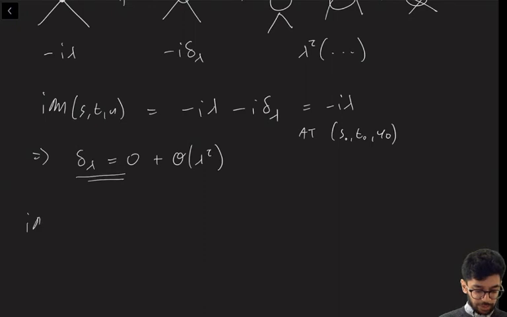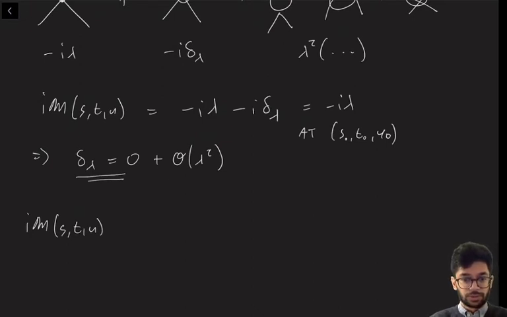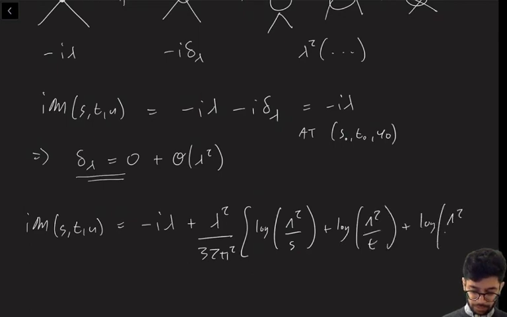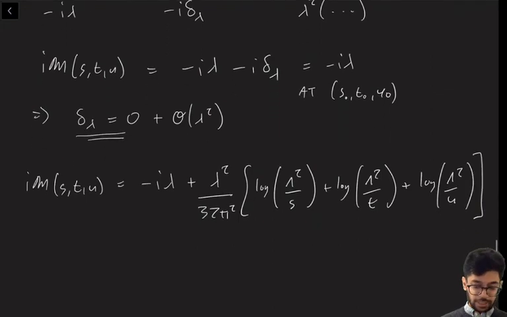At order lambda squared, we find that the matrix element iM of s, t, u is equal to minus i lambda plus lambda squared over 32 pi squared, and here I'm putting in the expression from last lecture that we calculated so carefully, log of lambda squared over s plus log of lambda squared over t plus log of lambda squared over u. And finally, we should also add in the minus i delta lambda bit that we had from before, from here.